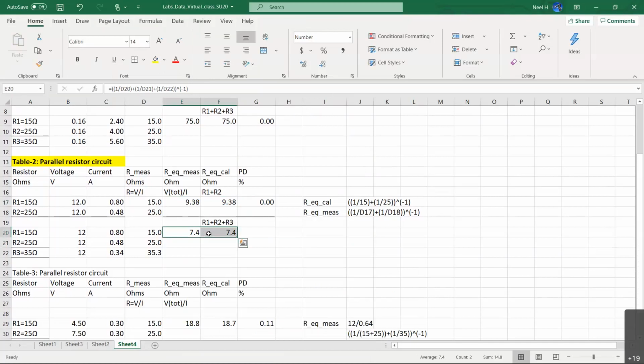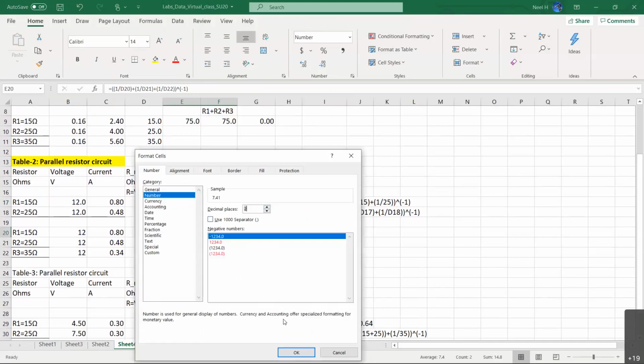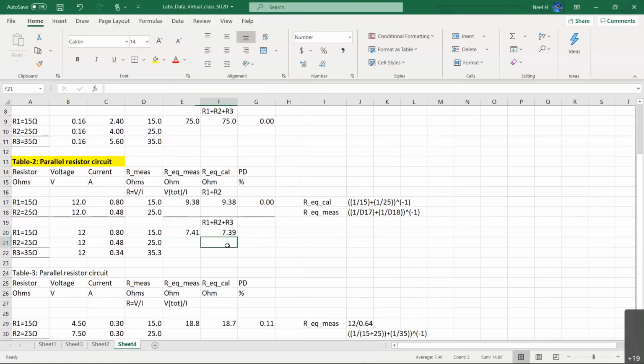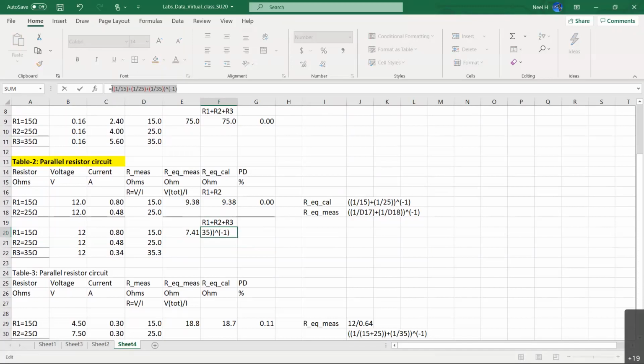So if you have 2 significant figures, it looks like the same, but up to 3 significant figures, I would assume there should be error. Yeah. So do this into 3 significant figures, okay? Always. Now let's copy paste these 2 equations. Please make sure you correct your table number 2.